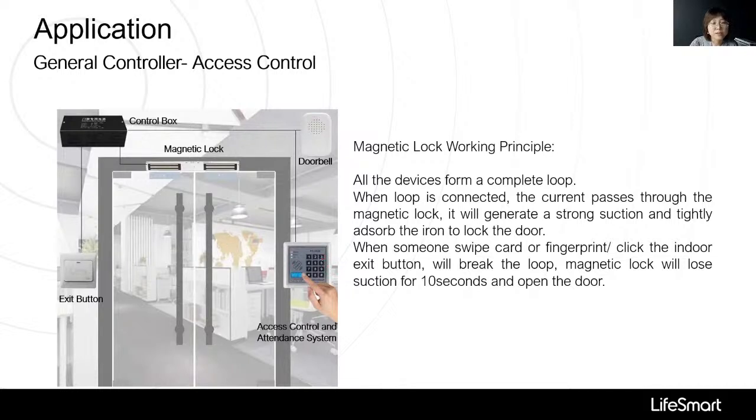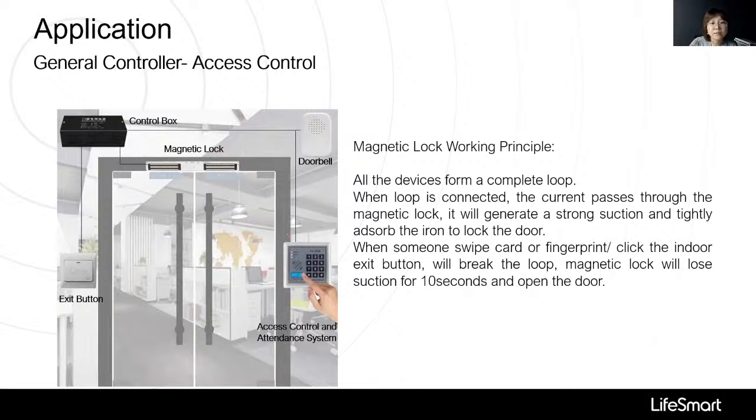All the devices form a complete loop. When the loop is connected, the current passes through the magnetic lock, and it will generate a strong suction and tightly absorb the iron to lock the door.